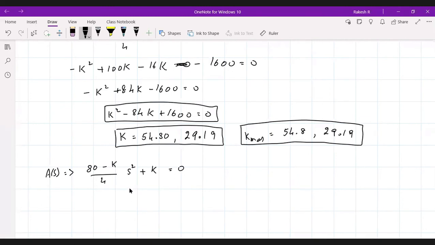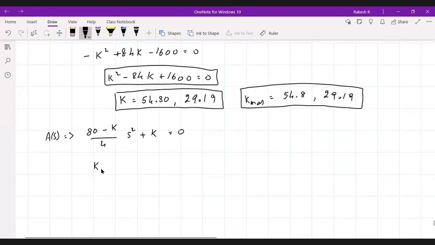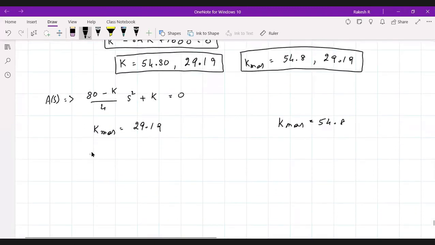Now for that, you need to take two values of k. That is, for the first one, k marginal is 29.19, and for the other, k marginal is 54.8. Now substitute that. That is (80 minus 29.19) divided by 4, s square, plus 29.19 is equal to 0.